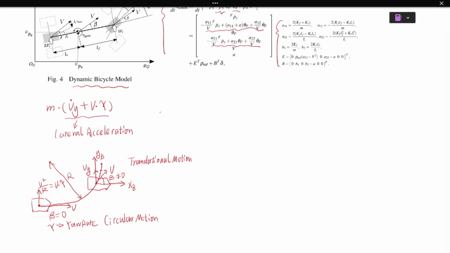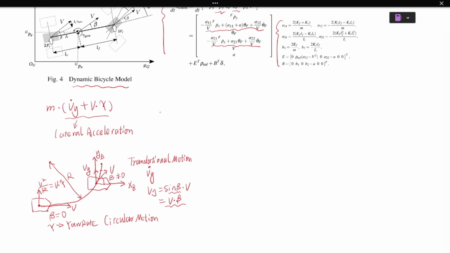At this time, the lateral acceleration equals vy dot. And also, vy equals sine beta times v. Because the beta is quite small, so this equals v times beta. We will use these equations later.